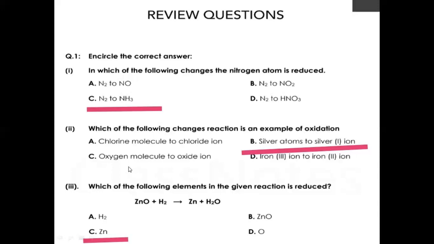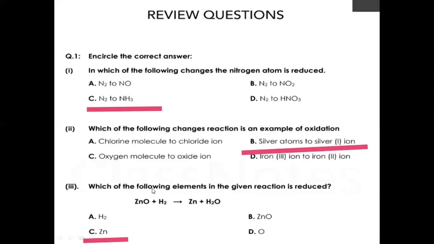Oxygen molecule to oxide ion: oxygen is 0 and oxide ion is -2, so this is a reduction. Iron 3 to iron 2: iron 3 gains one electron, and gaining of electron is again reduction. So the correct option is silver atom to silver ion, from Ag0 to Ag+1.